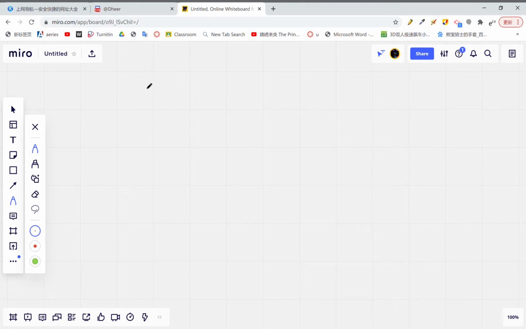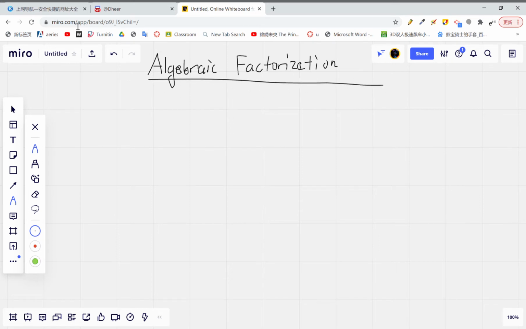So today, I introduce you guys to algebraic factorization technique, also problem solving.